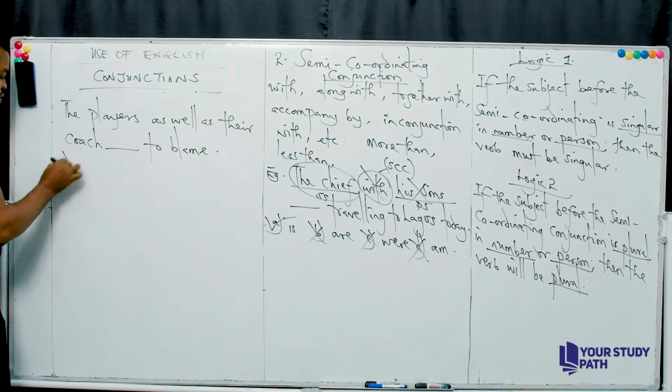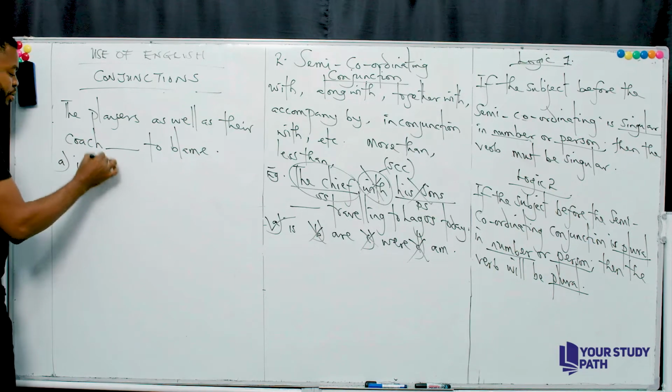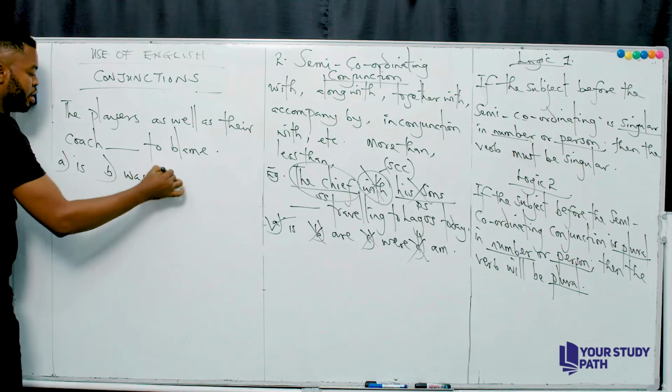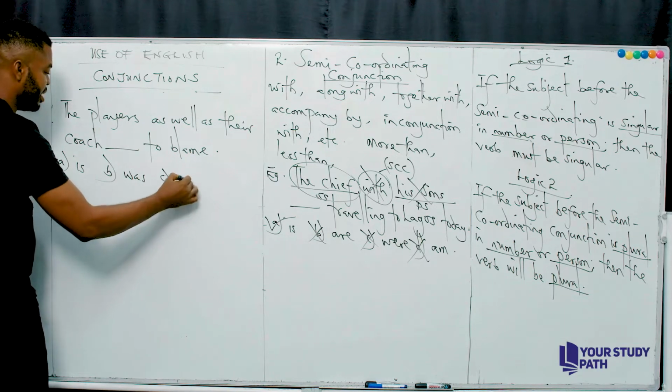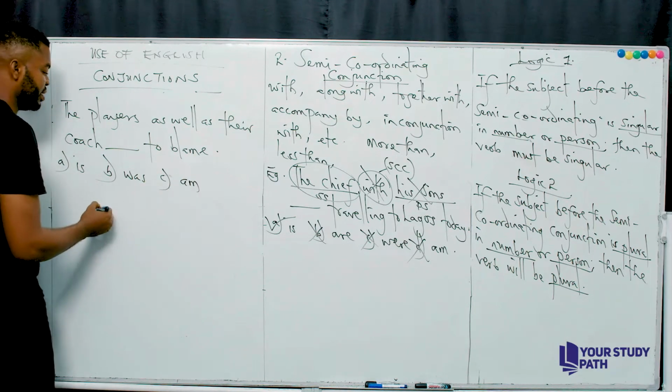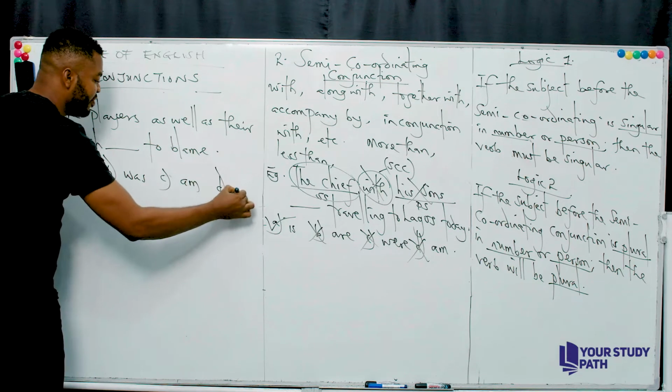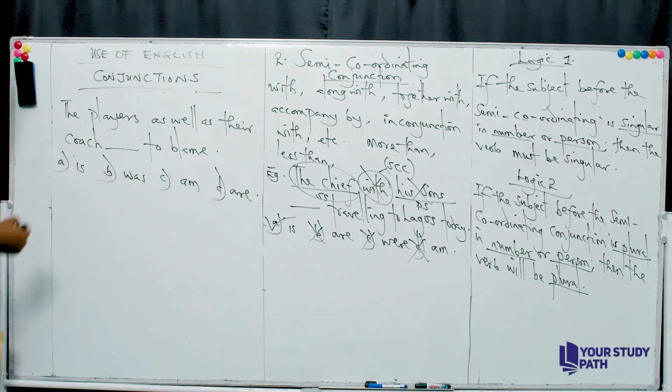Option letter A, you have is. Option letter B, you have was. Option letter C, you have am. Then option letter D, you have are. Look at this particular sentence and apply the rule. The players, as well as their coach, dash to blame.